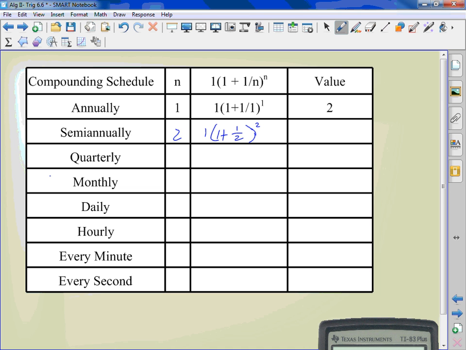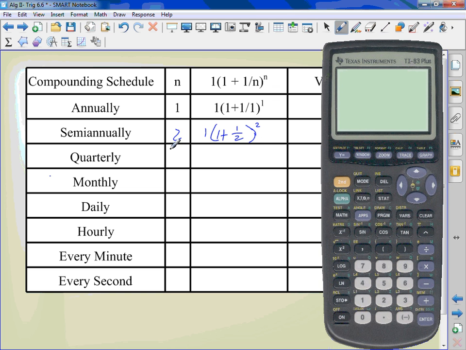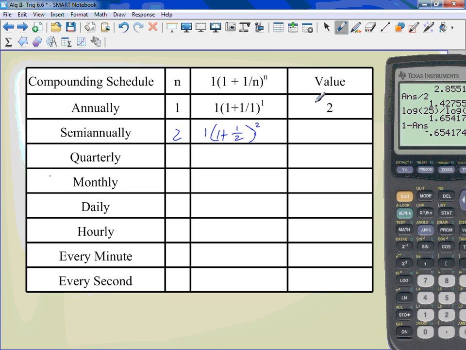What do I get for this answer? Use your calculator. 2.25.